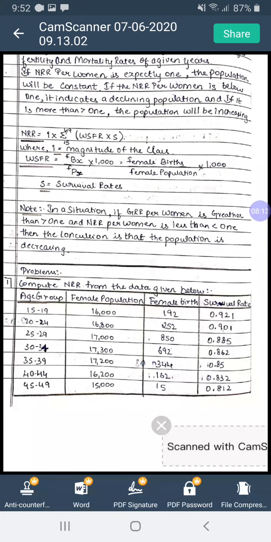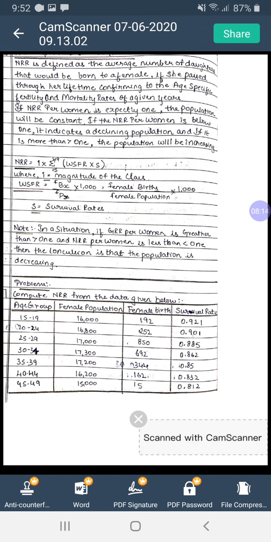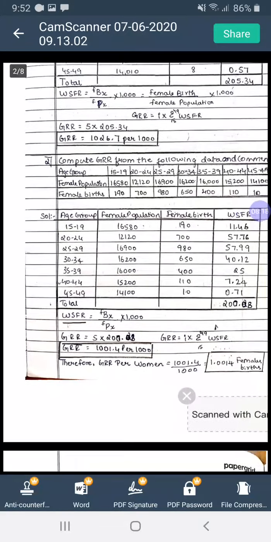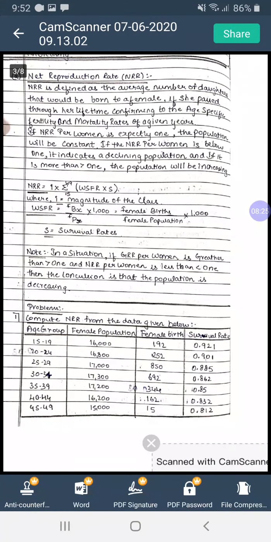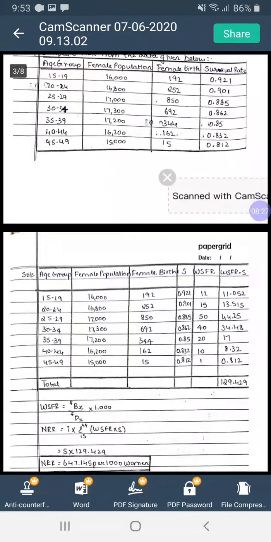One extra column, survival rate, will be there in net reproduction rate. In gross reproduction rate, they give you only age group, female population and female birth, but here you will get a survival rate.